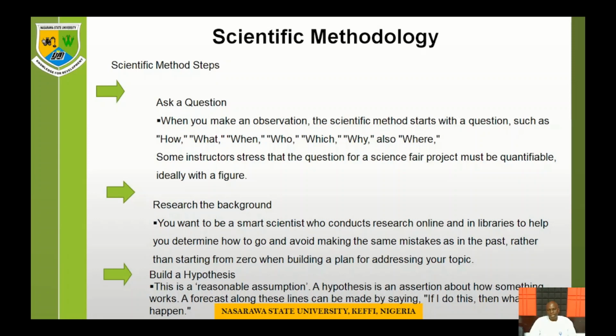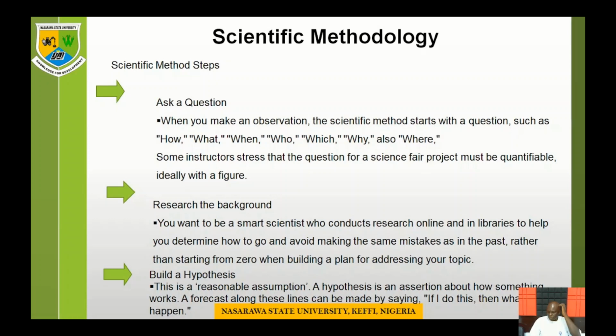Yes, so it is the law of gravitation, that something is pulling materials down to the earth. So Isaac Newton was able to explain that. That was why the apple fell down and hit him on the head, not going sideways or upward. So the question, asking a question, is very, very key in scientific methodology.